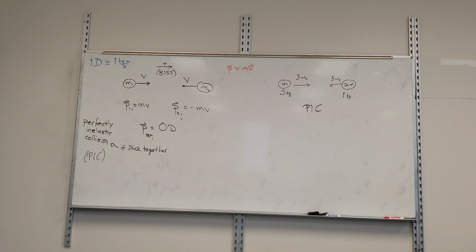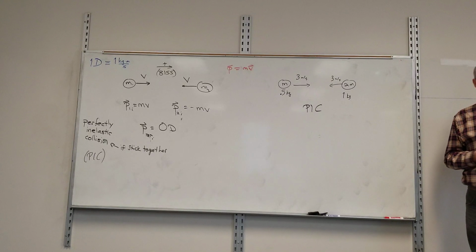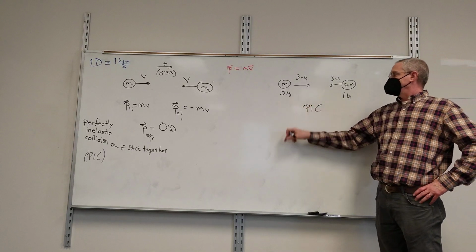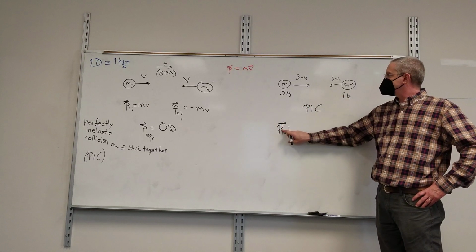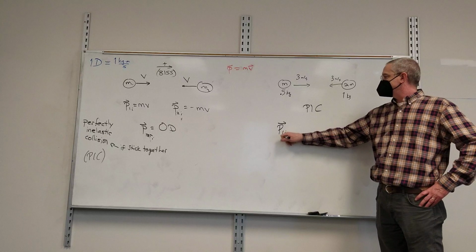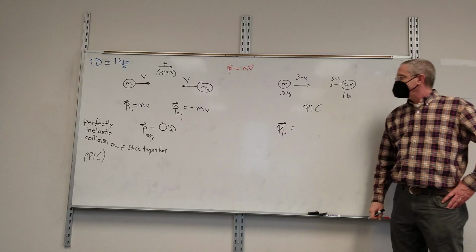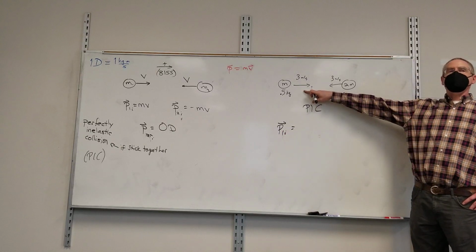What is the velocity after the collision? Well, we can come up with some idea of what it is. So first off, P initial. What is the total momentum before the collision for this one?